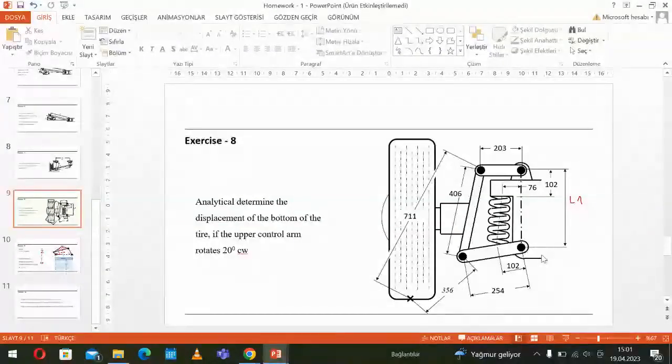So you can select it. Actually, you can select it. This is 254. This is 200. This is 400. So let's take it 350.